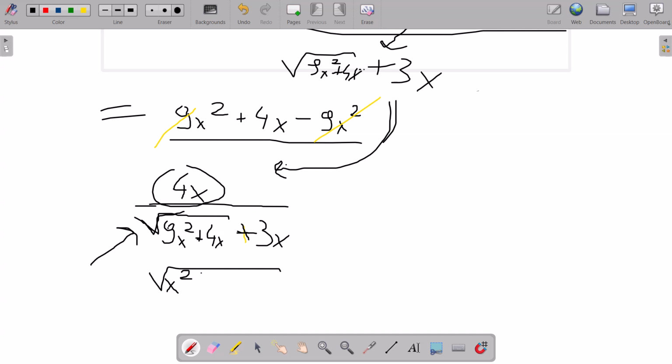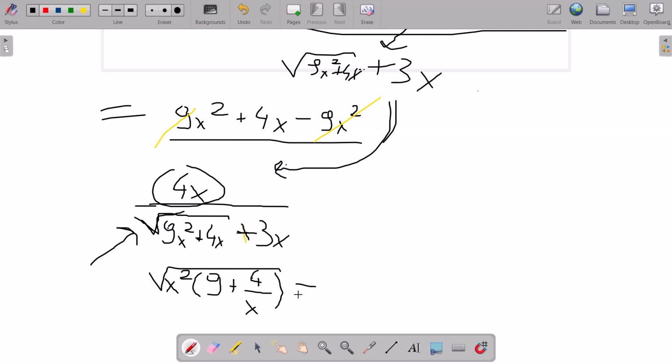Then in brackets you write only 9 plus 4 divided by x.